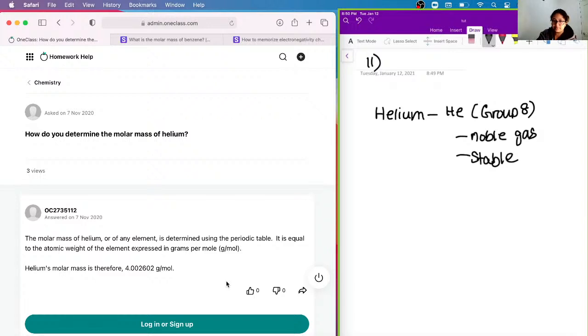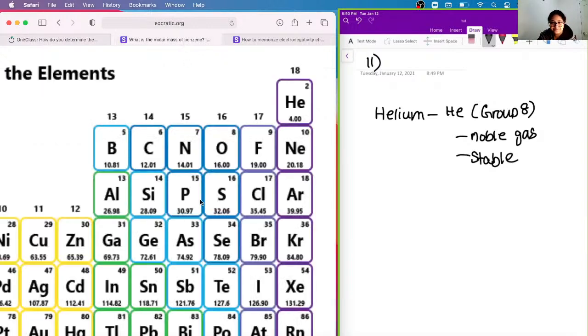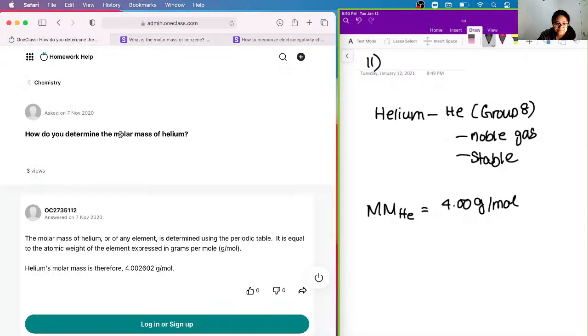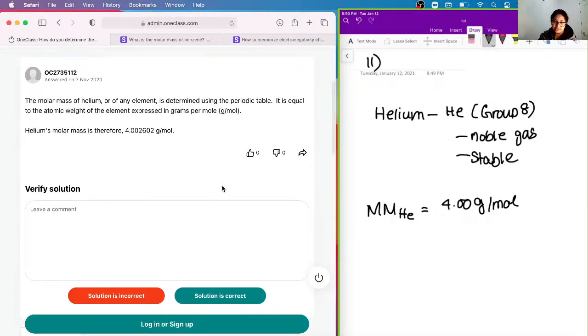And so from our periodic table over here, helium is a noble gas in group 8, and it has an atomic number of 2. And you can see the molar mass, or the atomic mass, is equal to 4.00 grams per mole. So the units for molar mass is grams per mole. Okay. So yeah, this is from your periodic table. So the solution is correct.